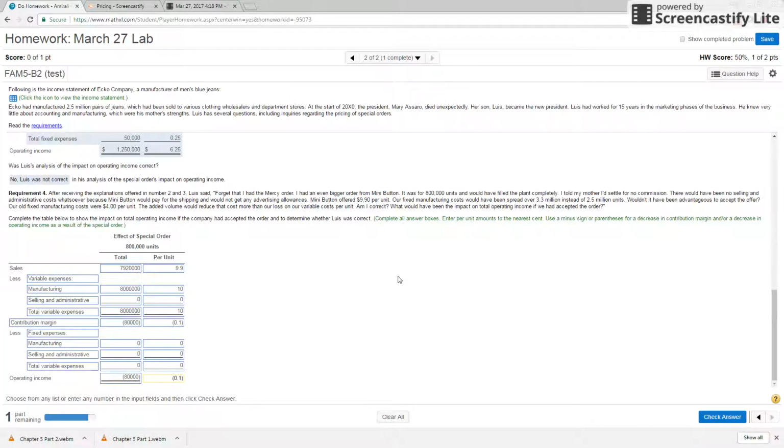One of them is wrong. So let's see. Since all of the numbers are right, probably I missed a zero again. $80,000 and $80,000. $8 million, $8 million.